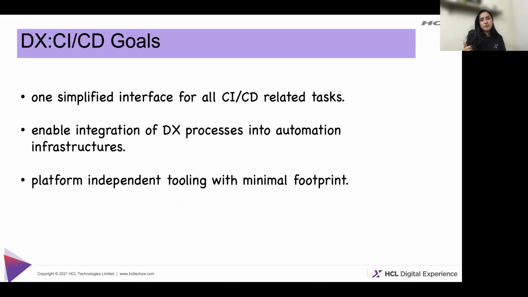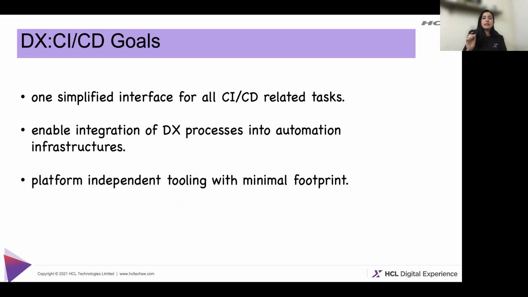Our goals for this were very simple, a three-pointer. First, it should be a simplified interface for a developer or administrator who has to do all the CI/CD related tasks, like deploying a portlet, a script application or themes. These are daily activities for most, so this should be a simple interface.